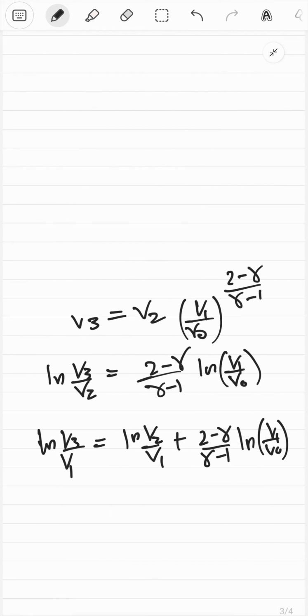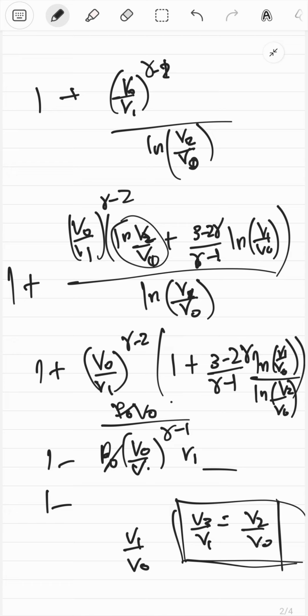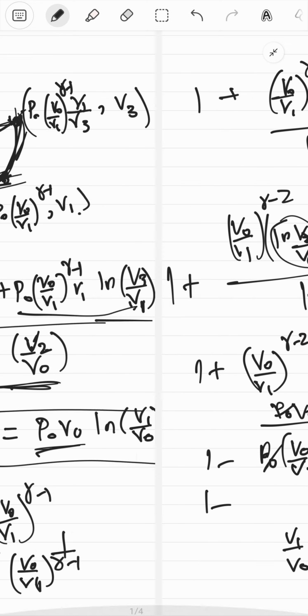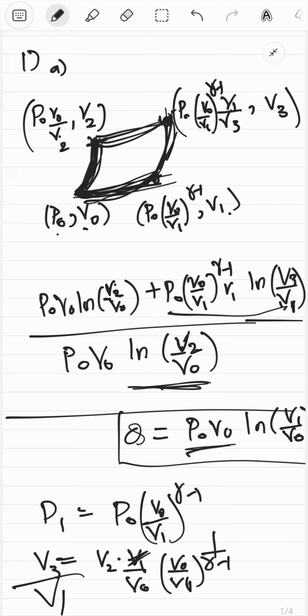Obviously, and from there, this whole thing is just stupid. Like, come on. Really? So if you have that, then this V3 upon V1 term just becomes V2 upon V0, and then you can just sort of cancel this away.